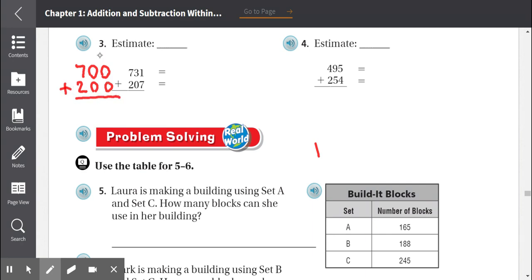Now, when we add these numbers together, 0 plus 0 equals 0, 0 plus 0 equals 0, 7 plus 2 equals 9. So our estimate is 900. So we know our answer is going to be about 900.